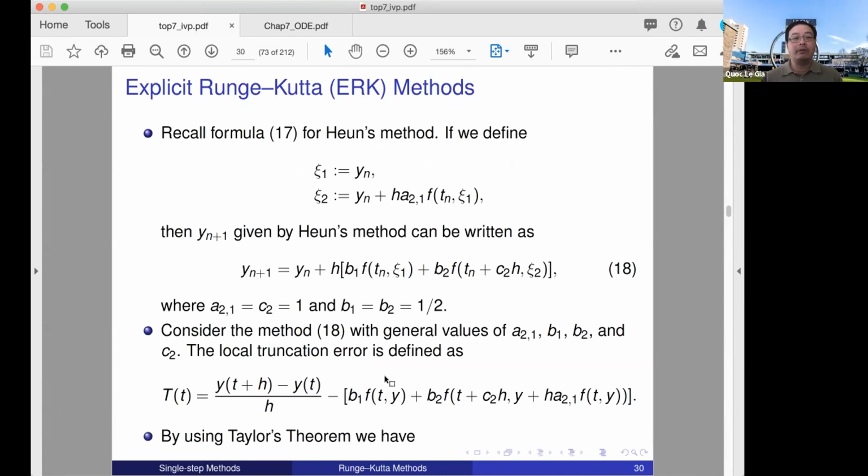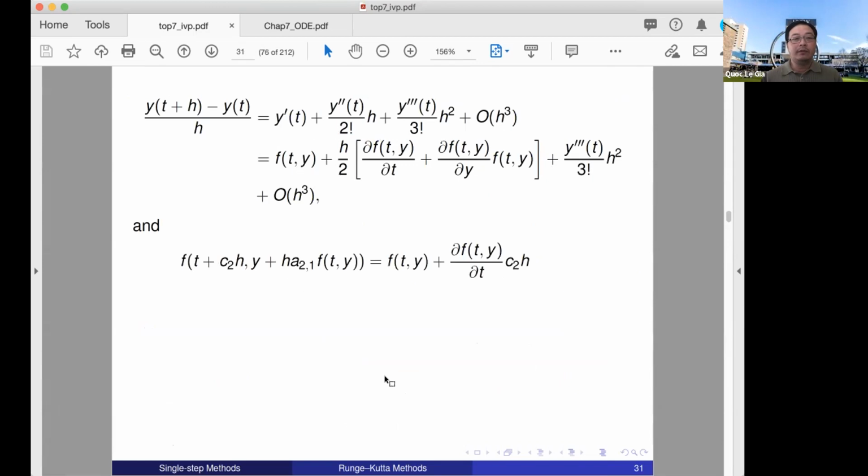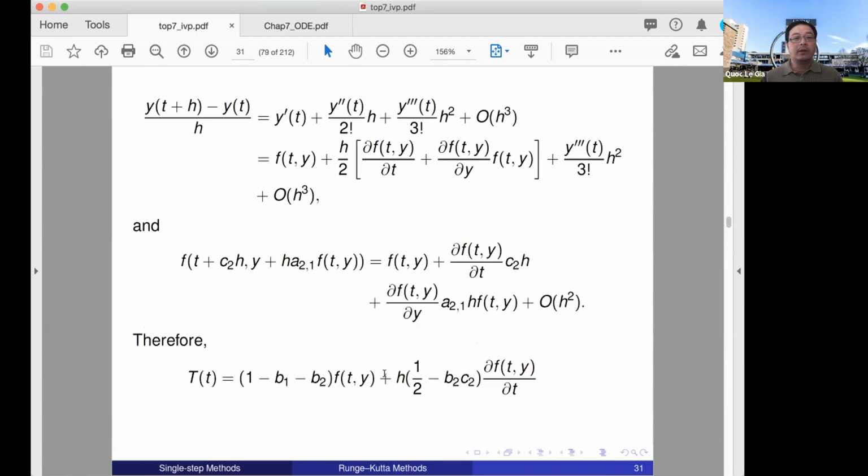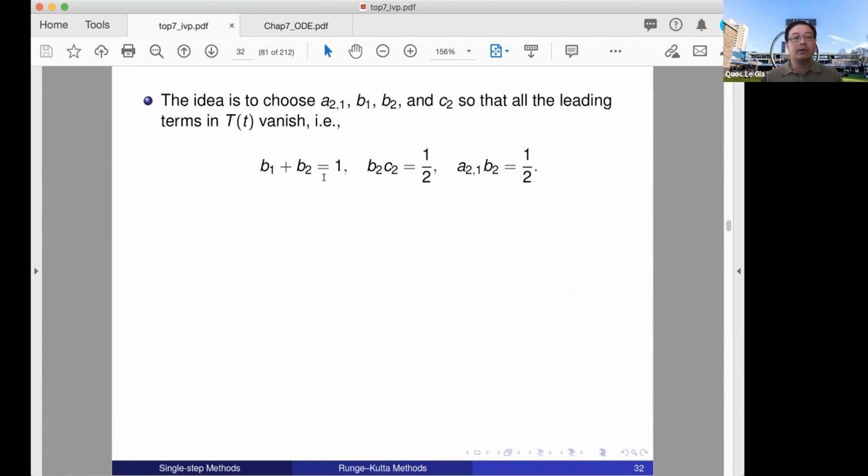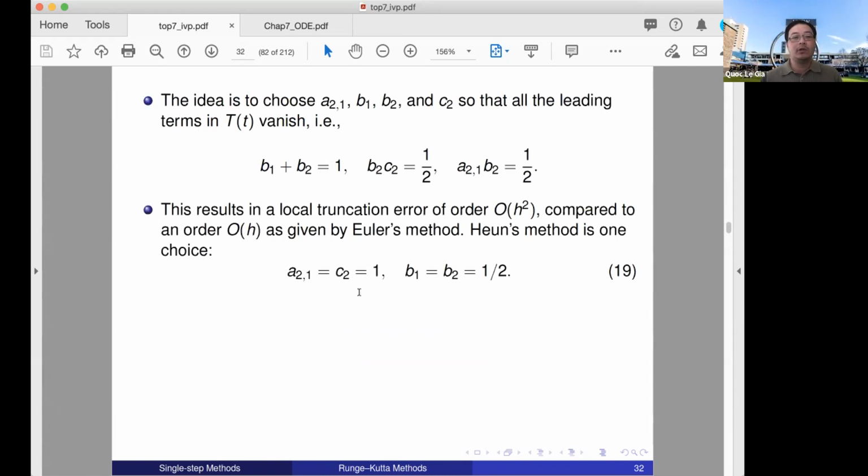So you have to solve those 3 equations. And because you have 4 unknowns but 3 equations, you can have more than 1 solution.